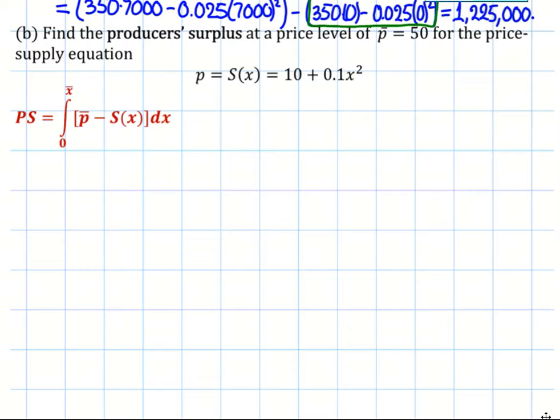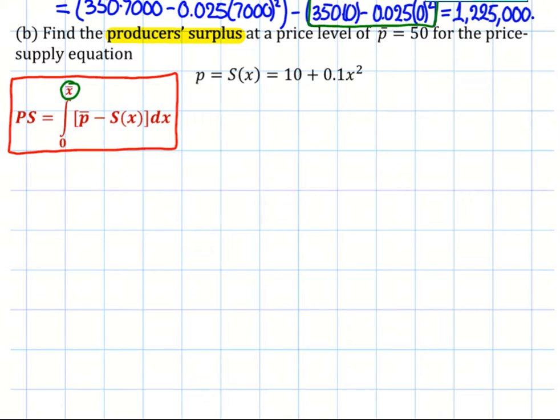On to the second part of the problem. We have the producer surplus and the formula is that. Just like the previous part of the problem, we need to find X bar first.